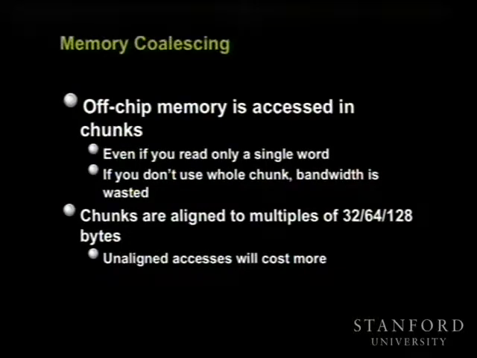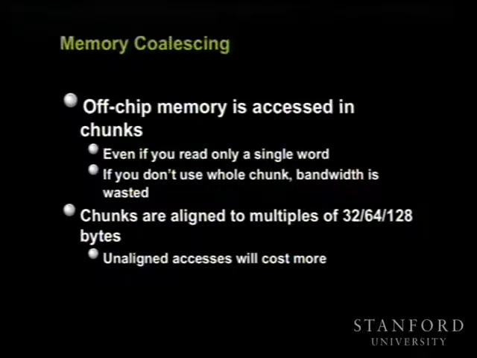And the second thing is these chunks are not just random 32-byte, 64-byte or 128-byte chunks. They are aligned, right? You're starting at 0. The chunks are directly nice multiples of 32.